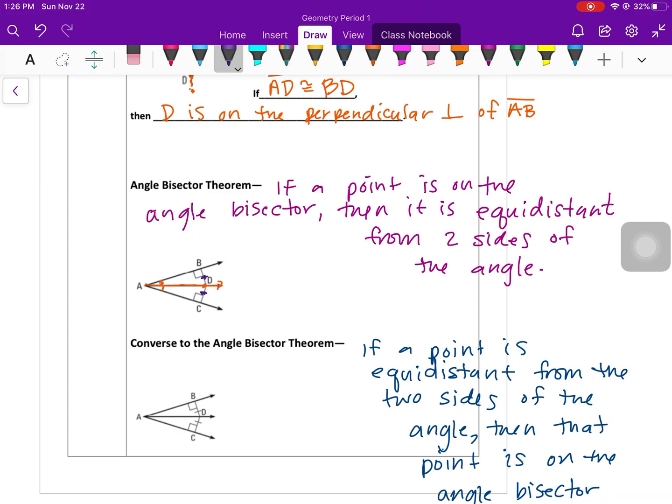Let me write that down. This must be congruent to this. So if D is on the angle bisector of angle ABC, then DB must be congruent to DC.